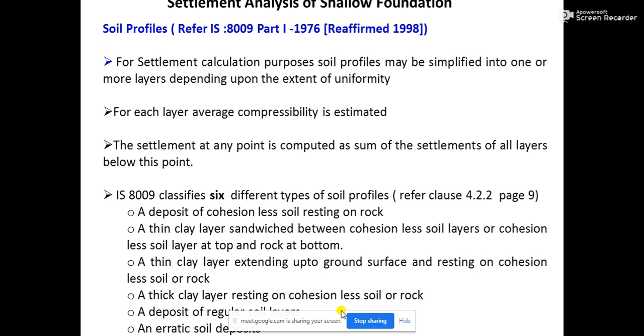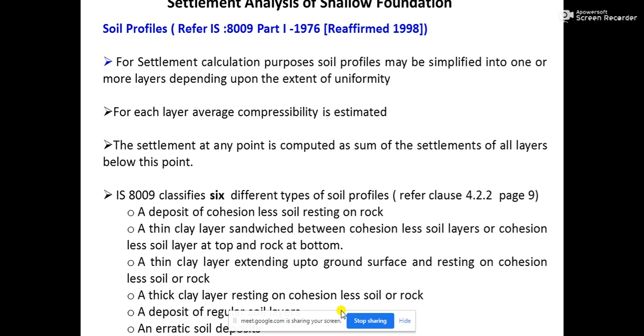If you remember, in shallow foundation, while calculating the bearing capacity, we took a weighted average for different kinds of clay and sand layers layering up, or in the case of a mixed kind of layer which was considered as a C-phi soil. We calculated the weighted average of cohesion and the weighted average of phi, and from that we calculated the bearing capacity.